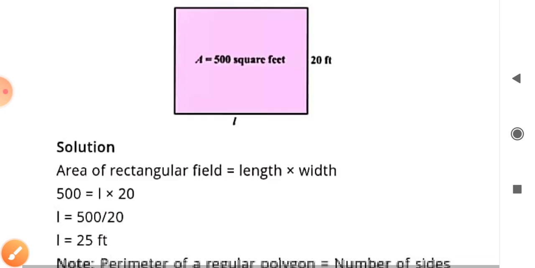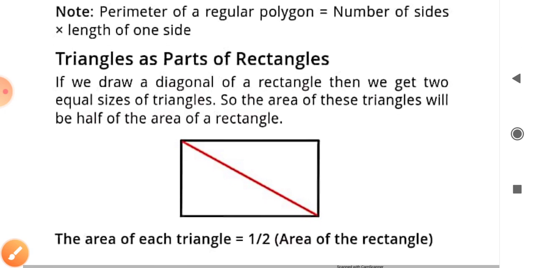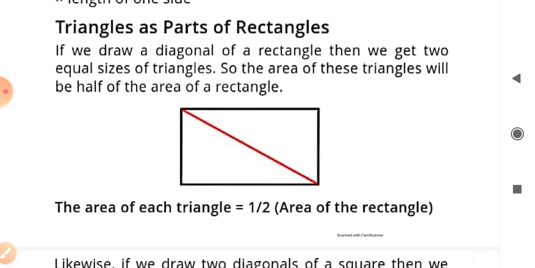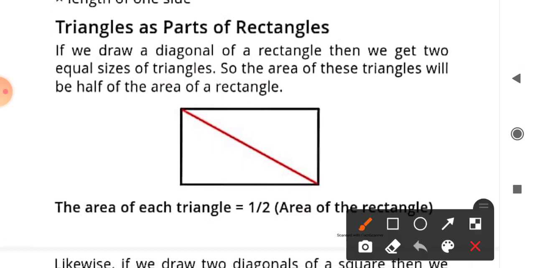Okay, next is how to calculate triangles as part of a rectangle. When we draw the diagonal of a rectangle, we get two equal triangles. So the area of each triangle will be half of the area of the rectangle.